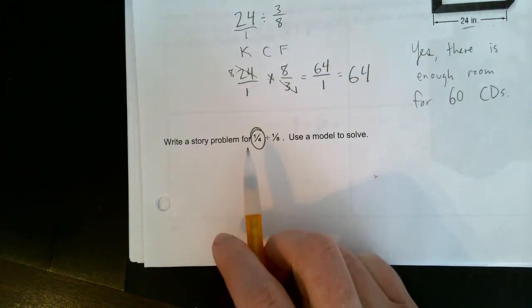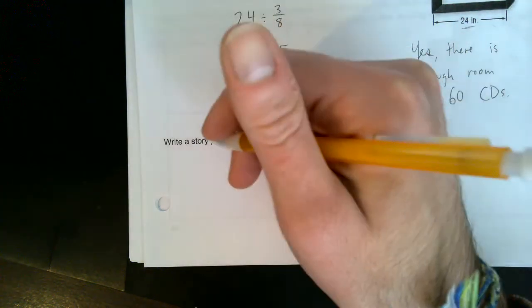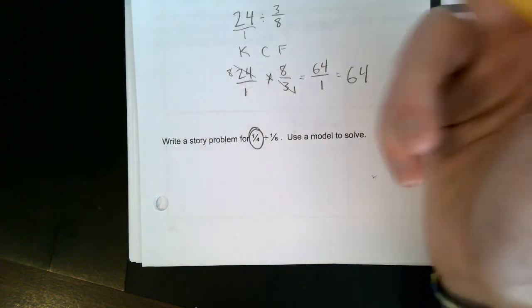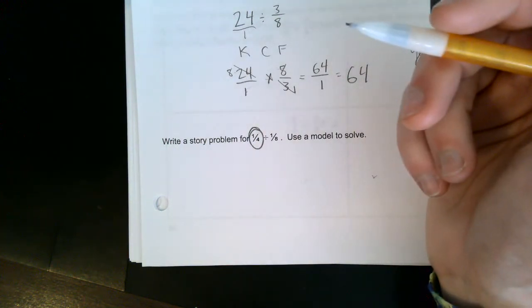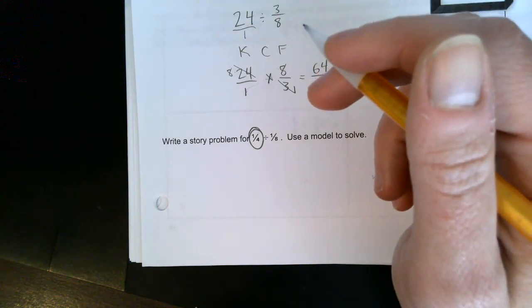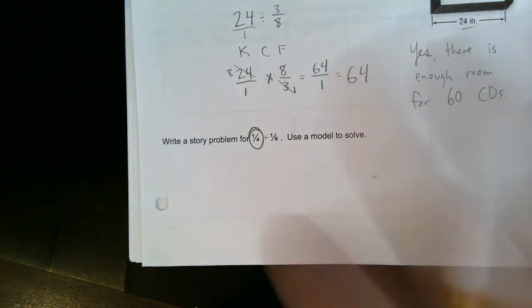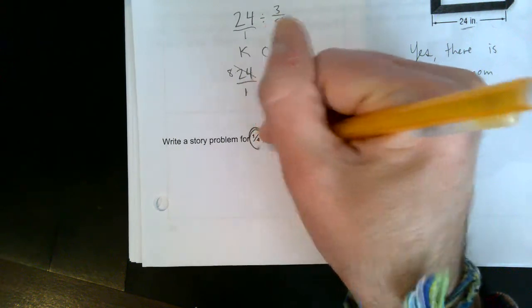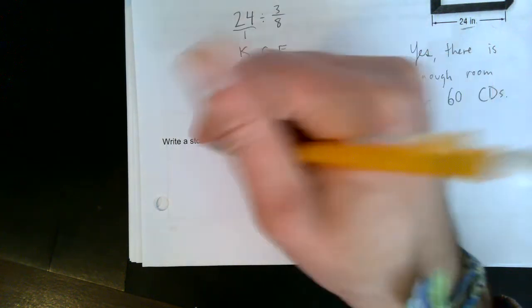I'm going to say we have 1/4. It's always good to use a measurement or something. 1/4. Oh, you know what? I'm just going to go for something more straightforward.